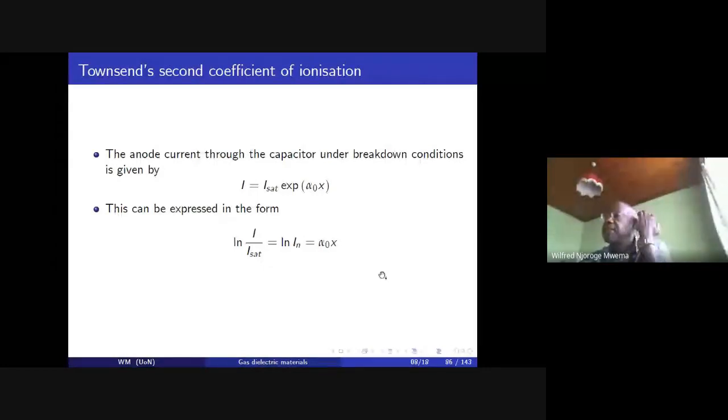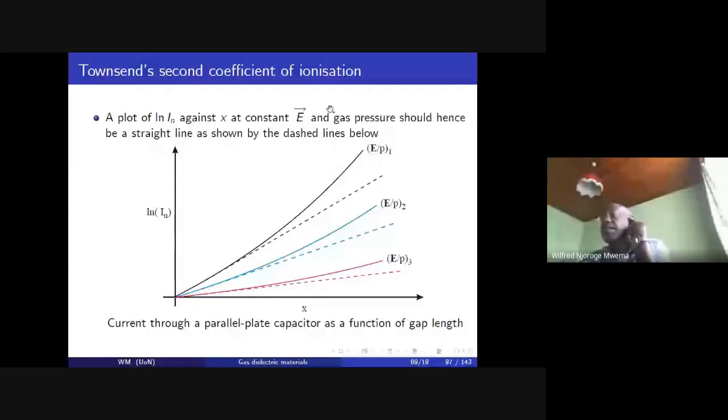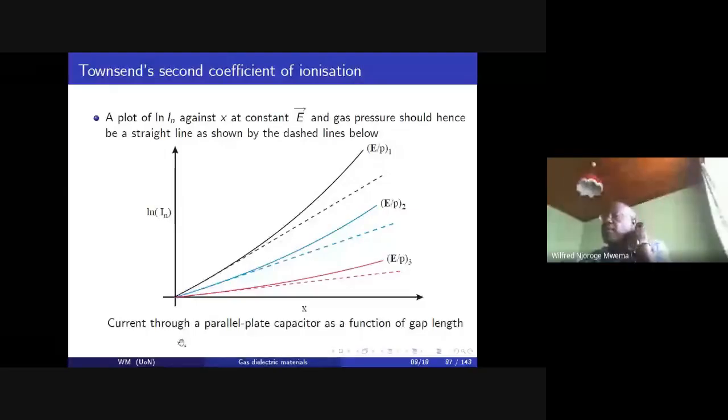And therefore, when we plot the natural log of the normalized current against x, the distance from the cathode, at a given gas pressure, we should get a straight line, as shown by the dashed line here. But for real cases, we get a curve that deviates from the straight line.